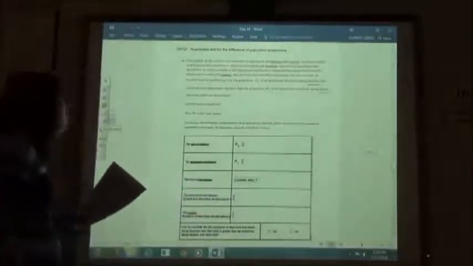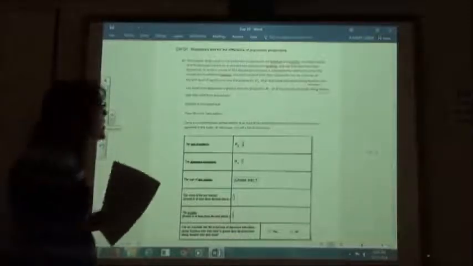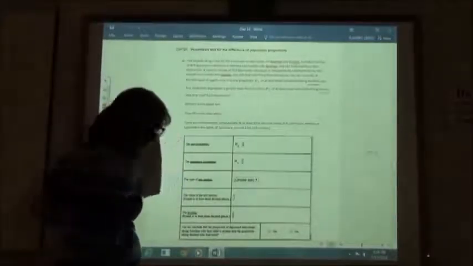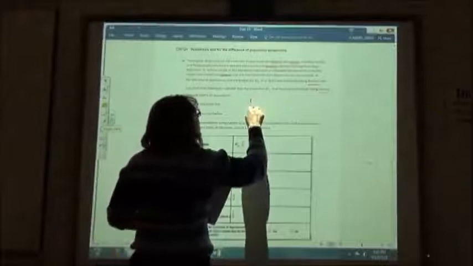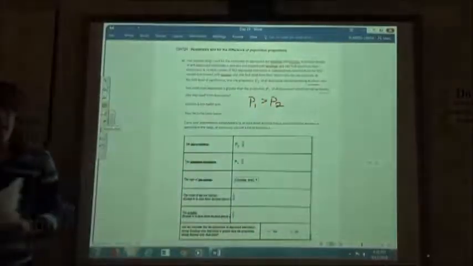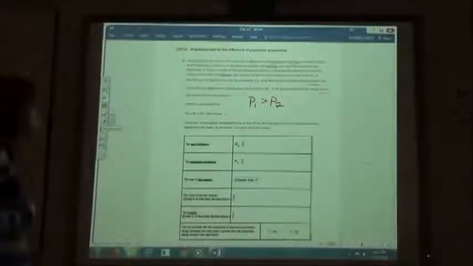Can we conclude at a 0.1 level of significance that P1, the proportion of all depressed individuals that find relief from depression, is greater than P2? So P1 is greater than P2. Again, this is just like the other ones. Whenever we do the difference, we're going to compare it to 0.